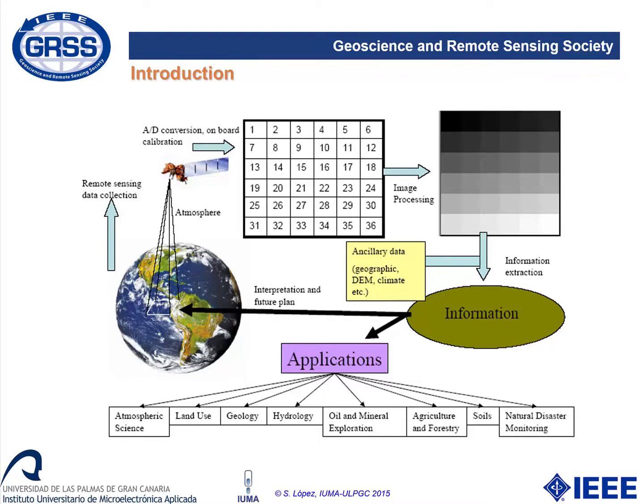In the case of an image sensor, this data has the structure of an image, where you can see here the data ordered as a two-dimensional matrix. Then this image is normally processed, and after this processing we get information that is very useful for different applications. You can see here some examples like geology, hydrology, agriculture, and this information is also used for the interpretation and future planning of the missions.